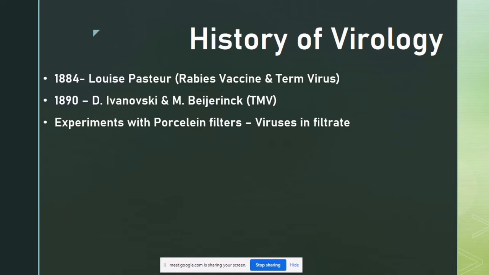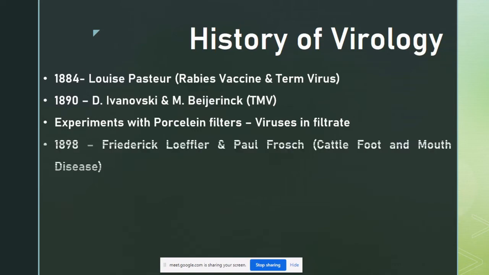Okay. Although Louis Pasteur gave a vaccine for rabies, he was unable to say that it is caused by a virus. He just said that there is something which is causing infection, and he derived the word virus because it was poisonous or infectious for that particular rabies infection.